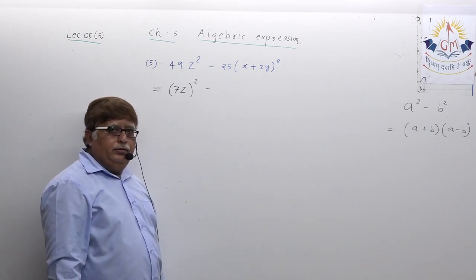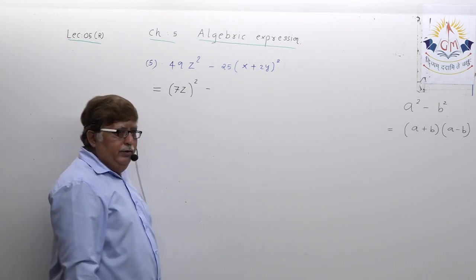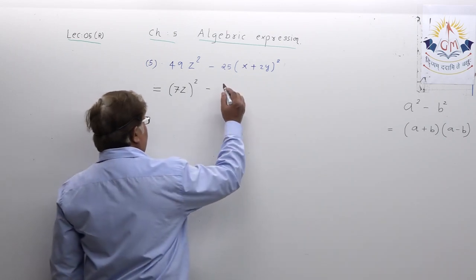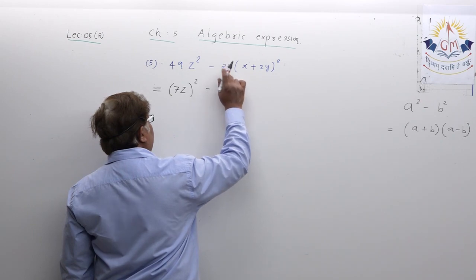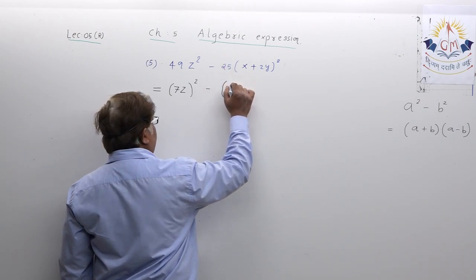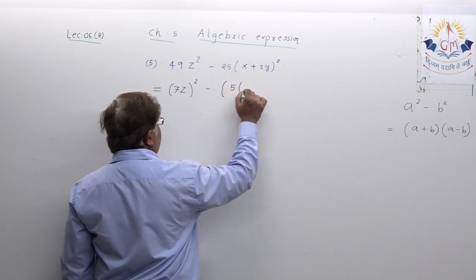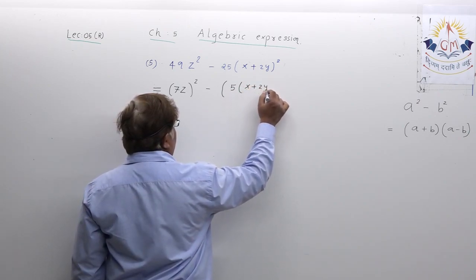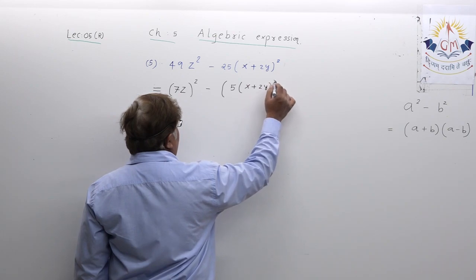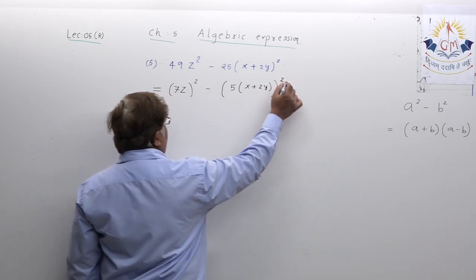We have to take out the square root of this. So we will place a bracket in which square root of 25, that is 5, x plus 2y in bracket and then whole square.